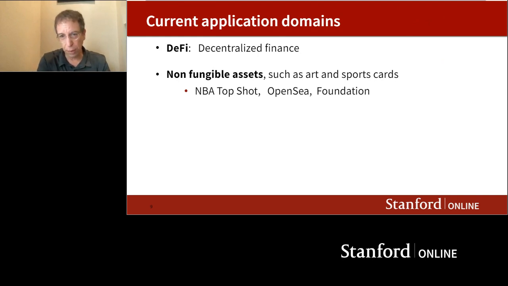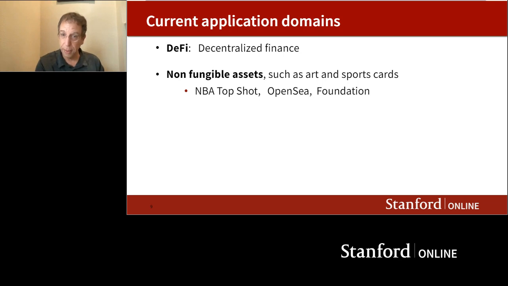First of all, I wanted to make sure everybody's aware of all the application domains where blockchains have been used so far. Primarily, they started with financial applications because that's an environment where typically there's no trusted party. So DeFi applications make a lot of sense for blockchains. But over the years, we've come up with a couple of other areas where blockchains are a very good fit.